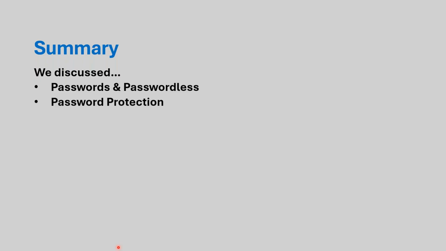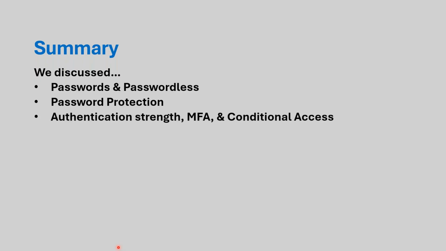All right, so what have we discussed today? We've discussed passwords and Microsoft's new standards for those and their weaknesses, and we talked a little bit about some passwordless logins and how that works. We talked about password protection that sets your policies for custom banned words and block out times, things like that, and how it can connect into your AD.